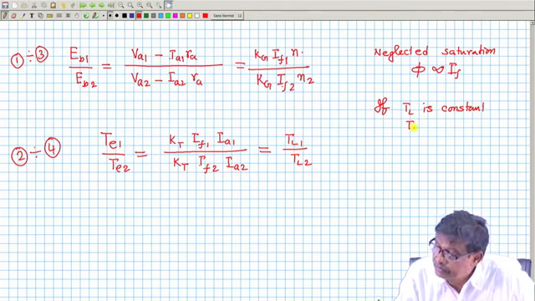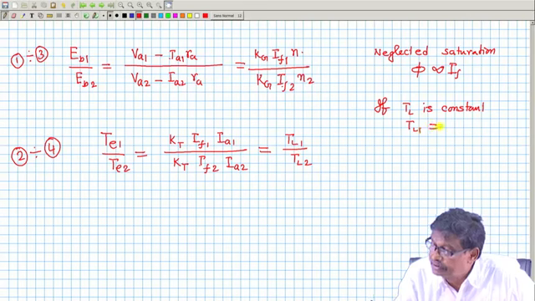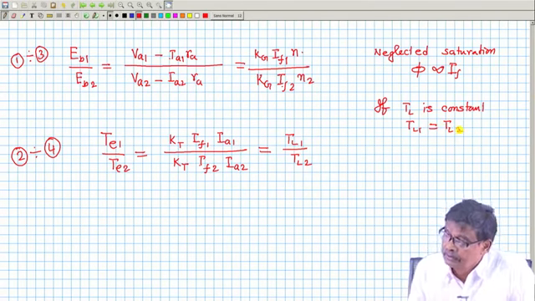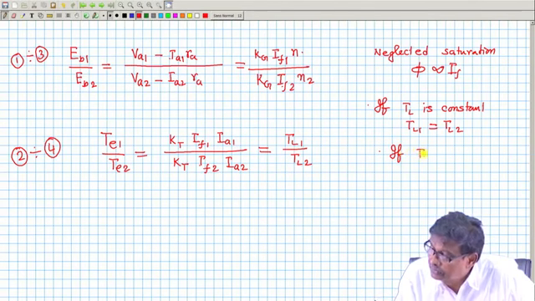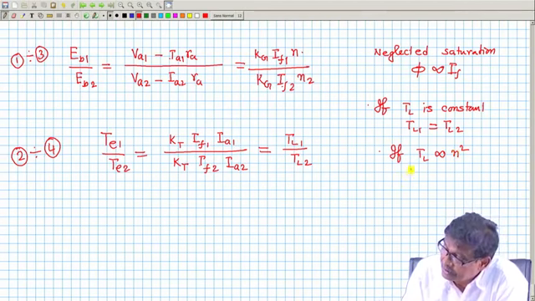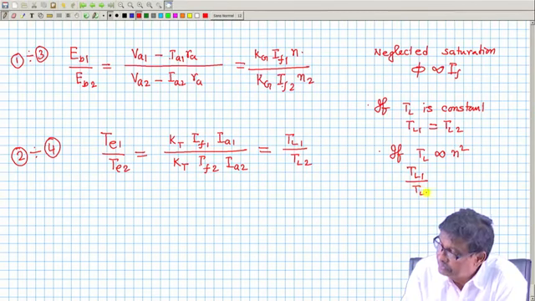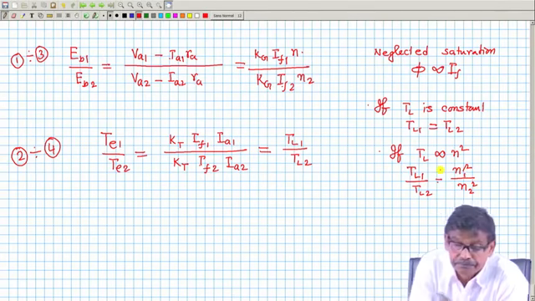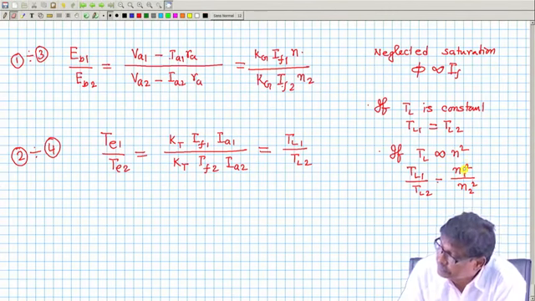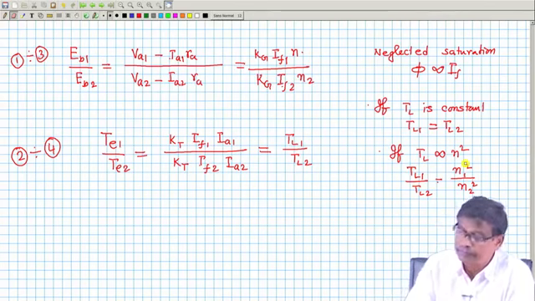It may so happen, if load torque is proportional to n square, then TL1 by TL2 will be equal to N1 square by N2 square. Got the point?